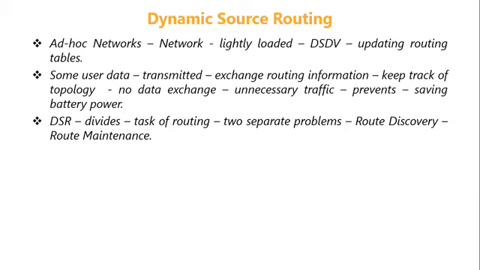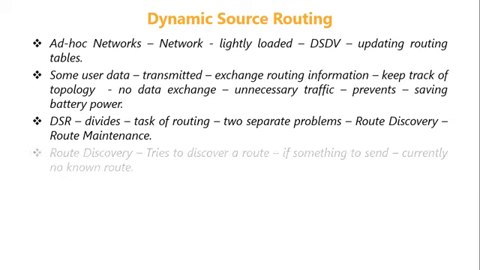With route discovery, a node will only try to discover a route if it has something to send to the destination, only when it wants to send some information to the destination, and also only when currently there is no known route for that particular destination.